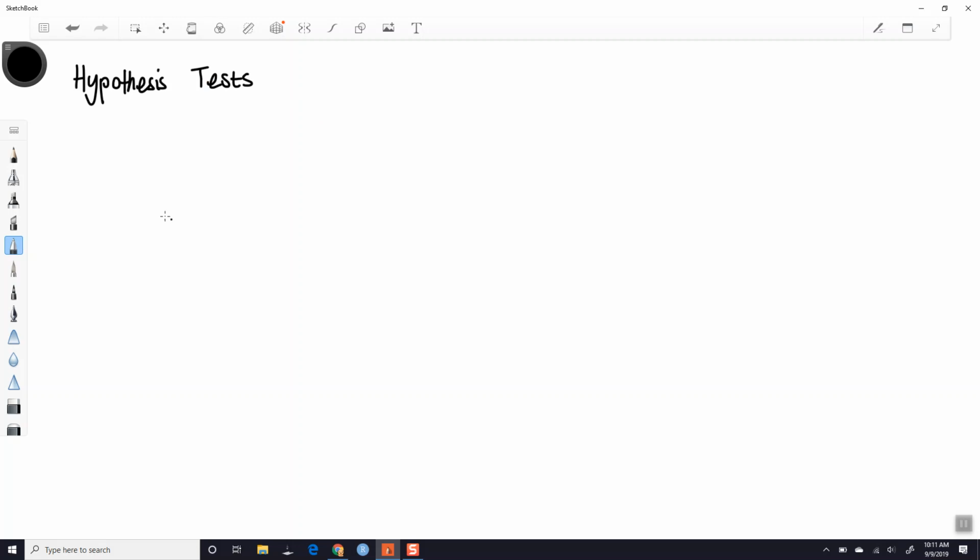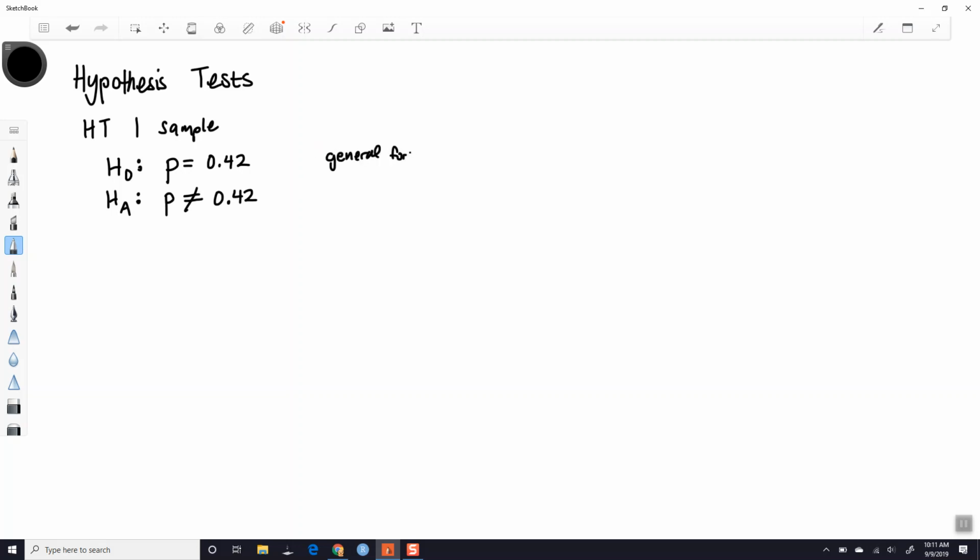Okay, so in a hypothesis test, you can have a hypothesis test with one sample, and if you do, your null hypothesis is going to be p is equal to some number, so maybe 0.42, just an example number, and then the alternative will be something like p is not equal to 0.42.